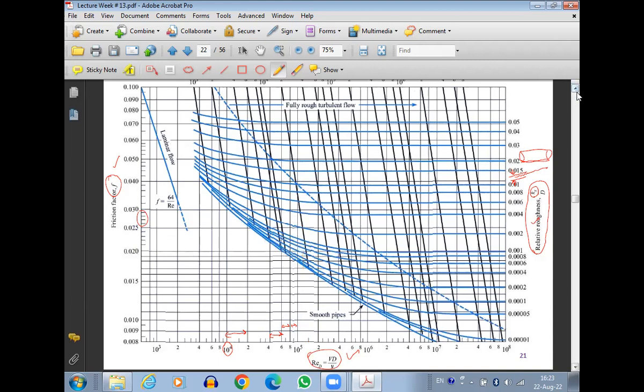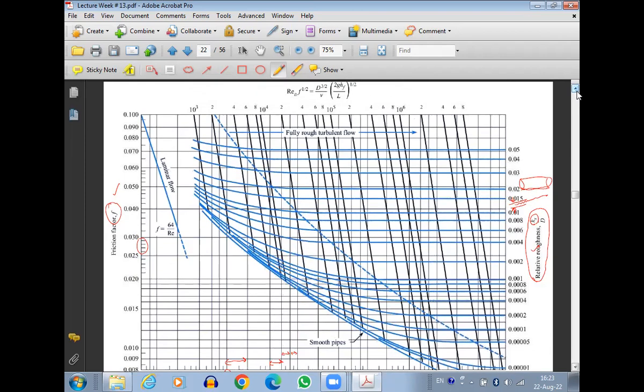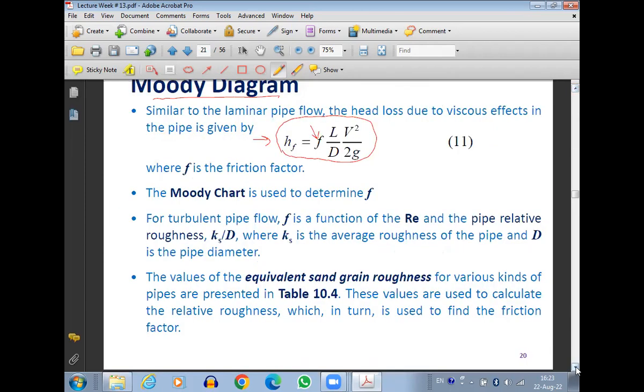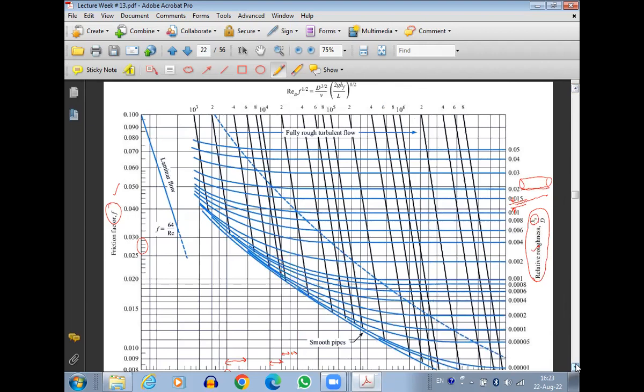Okay, when we look at the top x-axis, we don't have the Reynolds number but we have another term here: Reynolds number multiplied by friction factor power half, which equals d power 3 by 2, the diameter power 3 by 2, divided by kinematic viscosity, multiplied by 2g hf divided by L, power half. Okay, so this is the terminology.